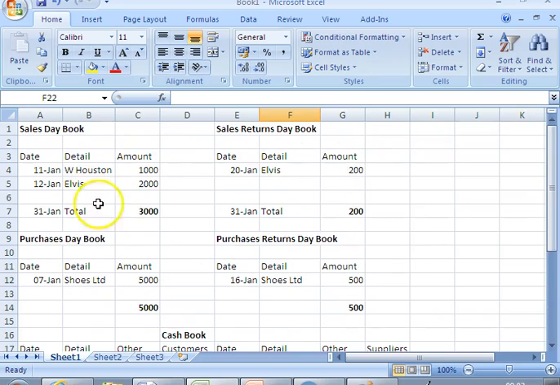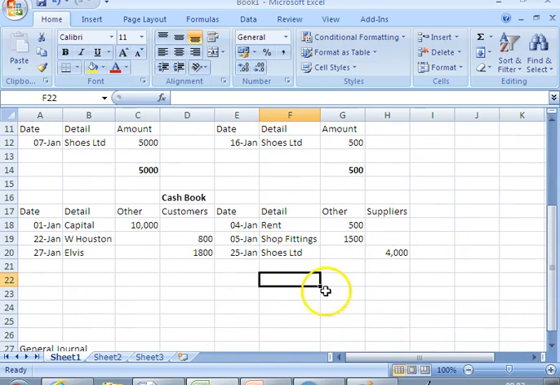You had a sales day book with the individual amounts and the total, for Whitney Houston and Elvis. That's your sales returns day book, and that's the total. Purchase day book 5,000. Purchase returns day book 500, and that's your cash book. Those are the details.